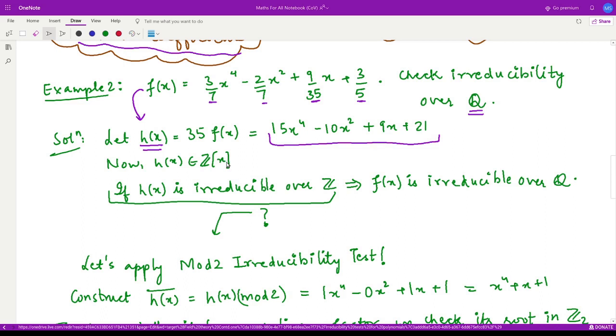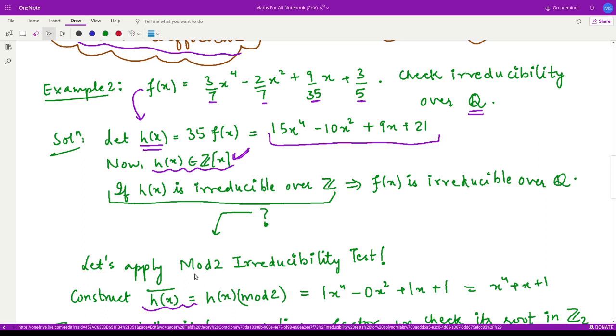So now to check whether hx is irreducible over Z or not, we have to create an h bar x. We need to create the reduced polynomial h bar x.